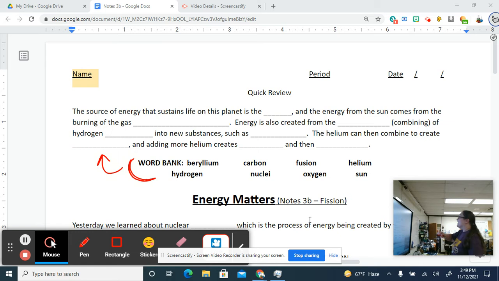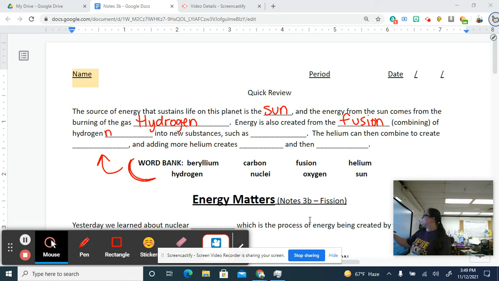So the source of energy that sustains life on this planet is the sun. And the energy from the sun comes from the burning of the gas hydrogen. Energy is also created from the fusion, or combining, of hydrogen nuclei into new substances, such as helium.